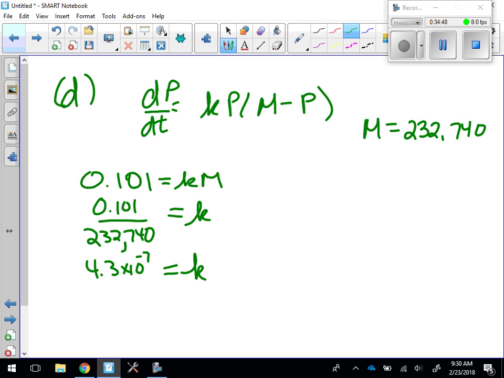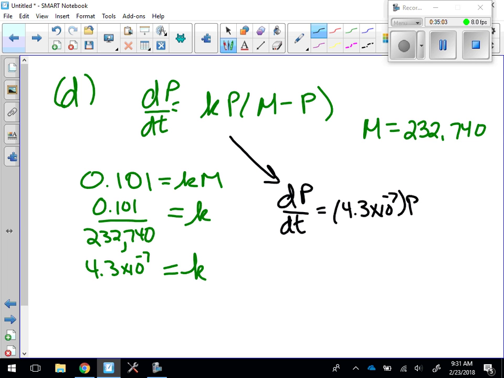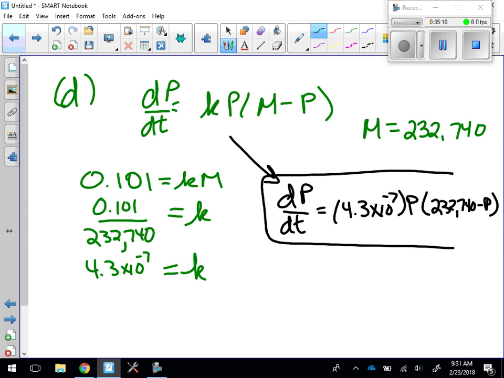That what other people got? Yeah? Okay. So now we can write our equation. So we're going to have dp dt is going to be 4.3 times 10 to the negative 7 p times 232,740 minus p. Okay.